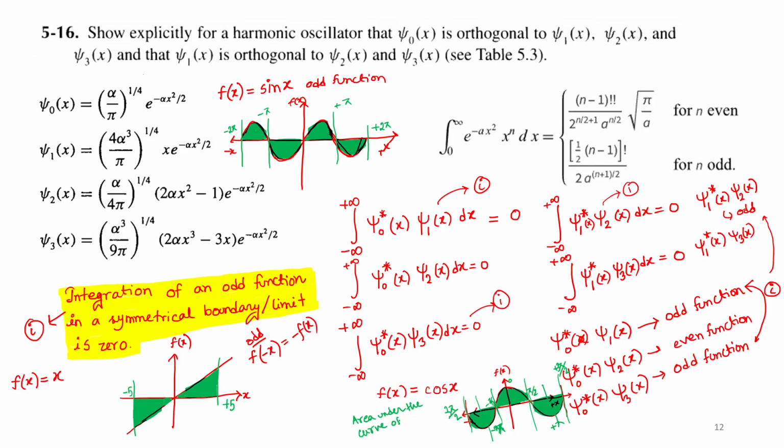So when you take this kind of thing, what I'm trying to say, the area under the curve of an even function between a symmetrical limit or boundary is actually twice of one part, one side. I'm going to show you what I'm trying to say here.